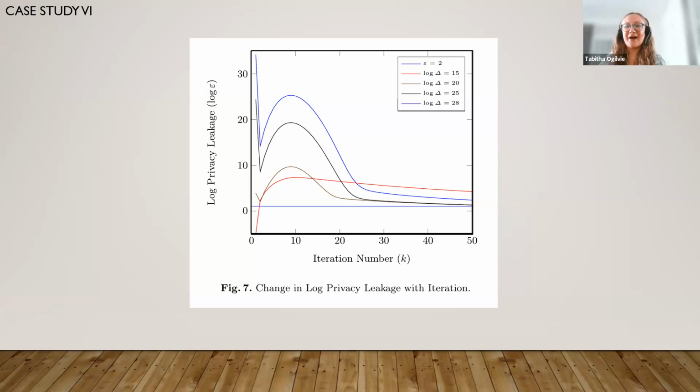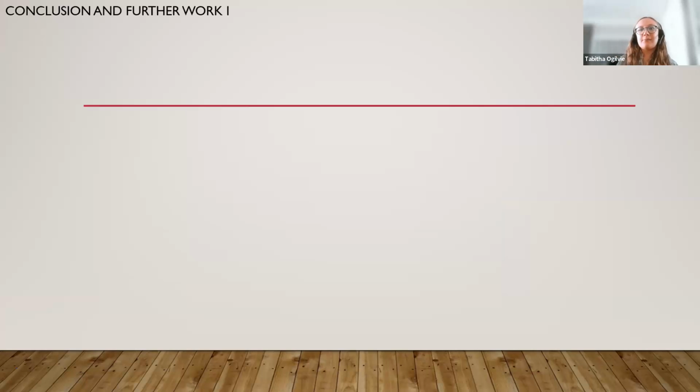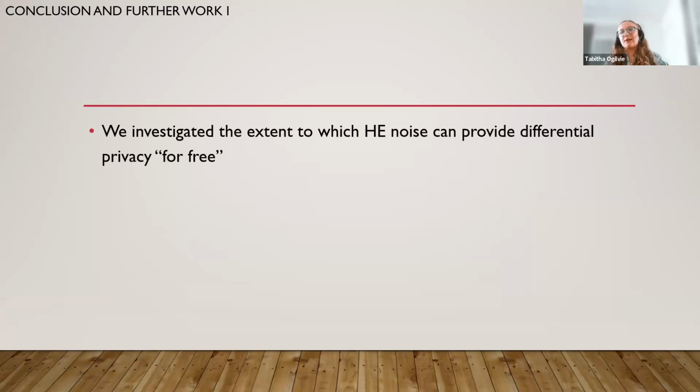Yeah. Cool. So I'm not sure what time I'm on, but I'm going to get into the conclusion and further work. So to conclude, what we've done today is investigated the extent to which HE noise can provide differential privacy for free.